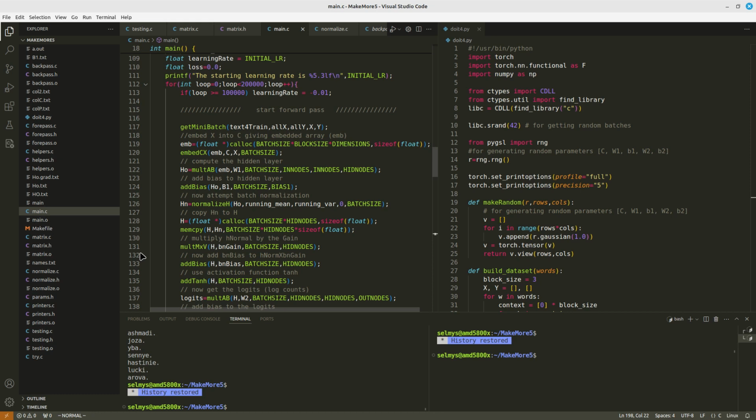The reason is that the code just started to get a little too big for one file, so I split it up into a lot of C programs and some header files. Maybe what I'll do first is just go over the code. And by the way, like I said before, I have all of this on my GitHub, so you can easily download it.